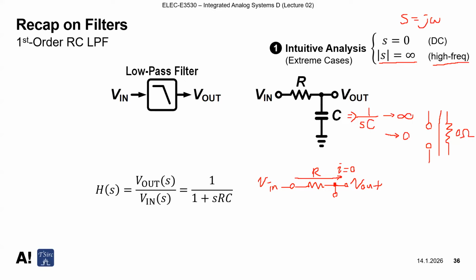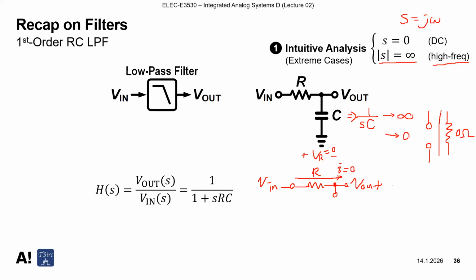Current can flow only if there is some ground terminal or VDD terminal that the current can sink into. So assuming that current is equal to 0 and V out is connected to nowhere, that means open circuit as well. If the current is 0, then the voltage difference here, VR, also becomes 0.